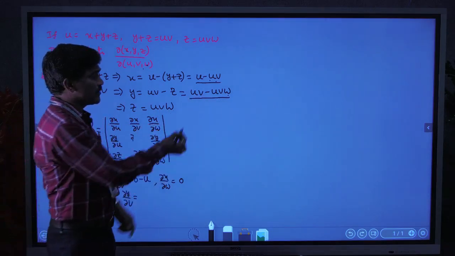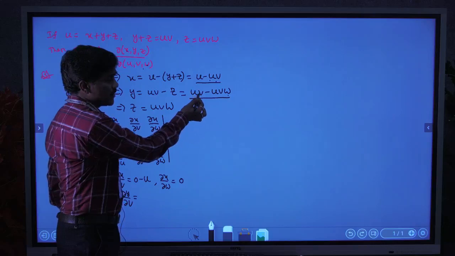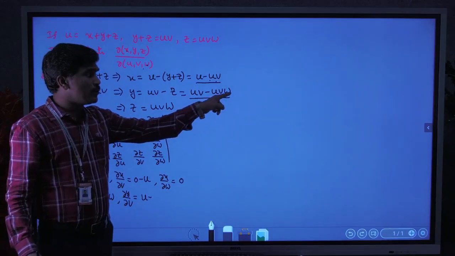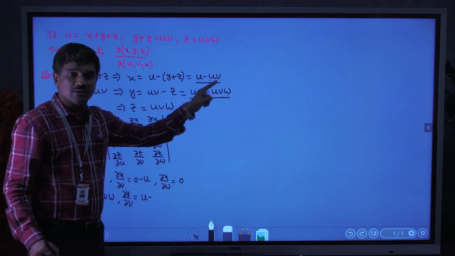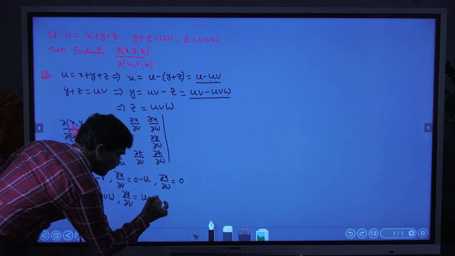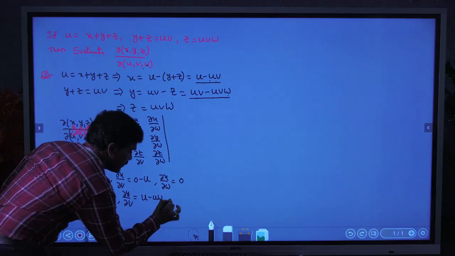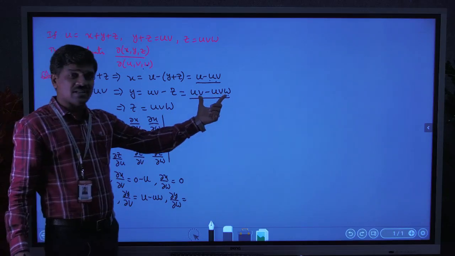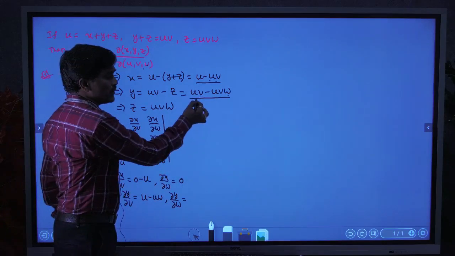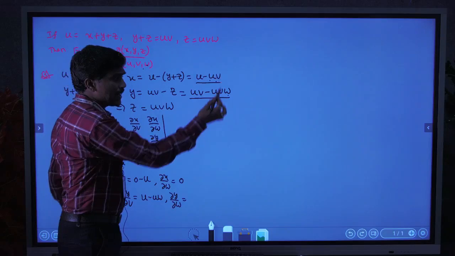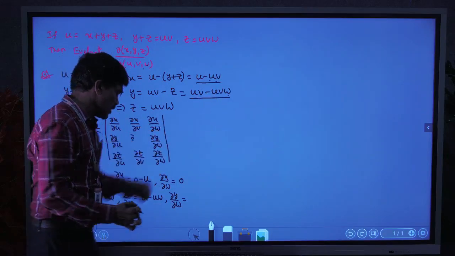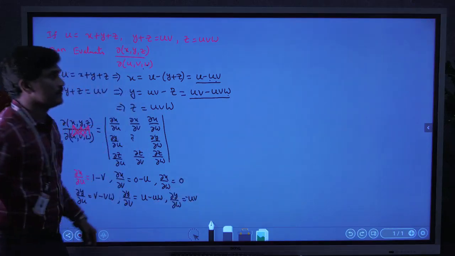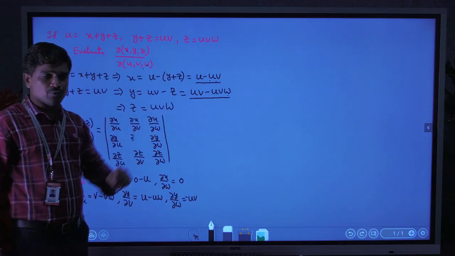Here u is constant, so the v derivative is 1 minus uvw with respect to v, where uw is constant and the v derivative is 1. Then ∂y/∂w. What is ∂y/∂w? With respect to w, uv is constant, so the derivative is 0 minus uvw with respect to w, so we get minus uv. So 0 minus uv, right?